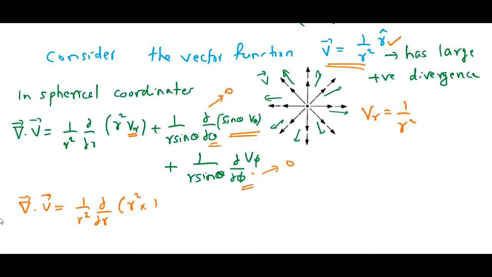So r square and r square get cancelled, leaving 1 by r square dou by dou r of 1. The derivative of a constant is always 0, so this term is 0.